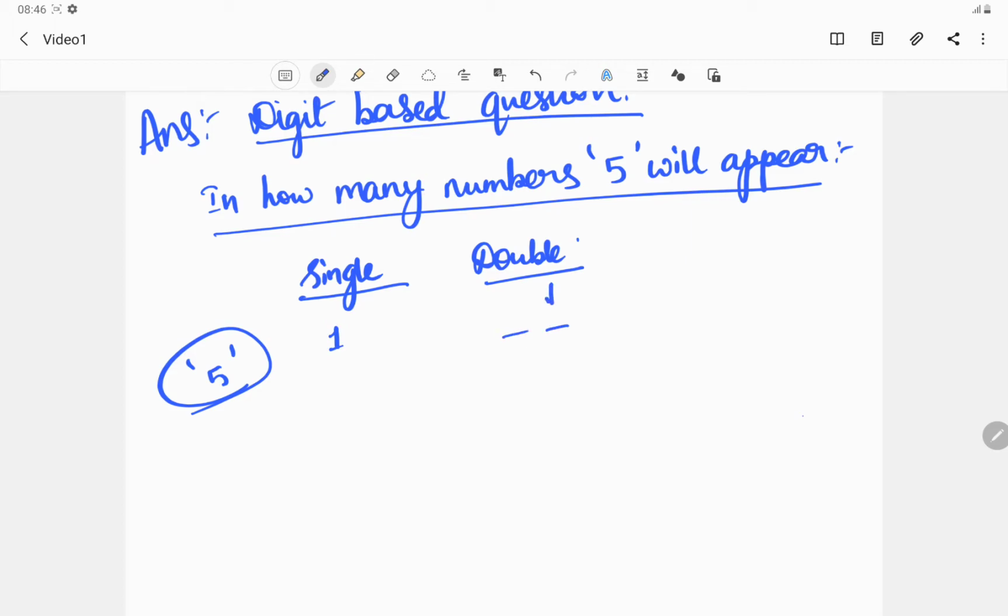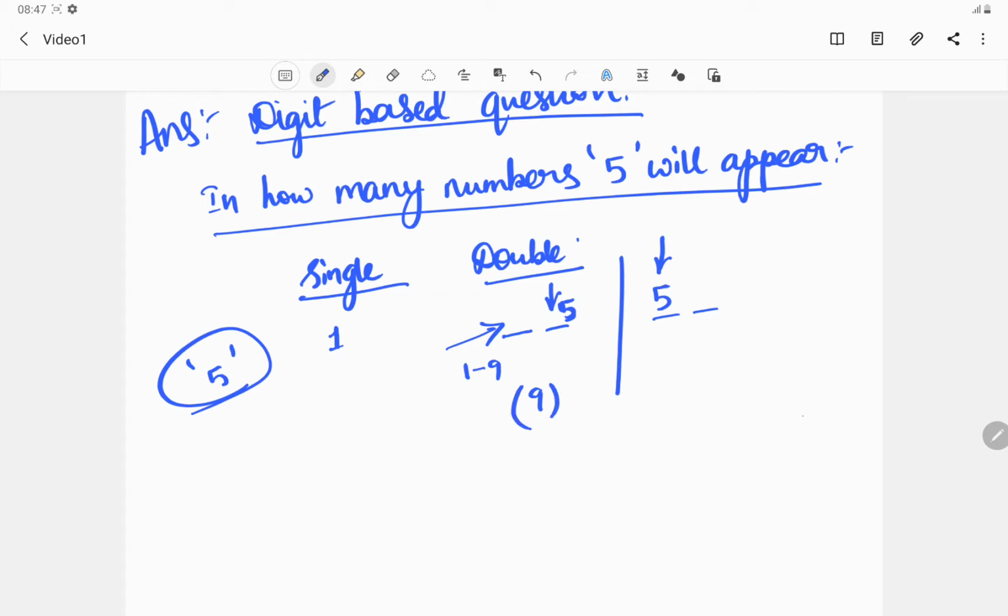Let us assume that 5 is in units place. This is one case, and in another case 5 is in tens place. When 5 is in units place, we can fill the tens place with digits from 1 to 9. So there are 9 options.